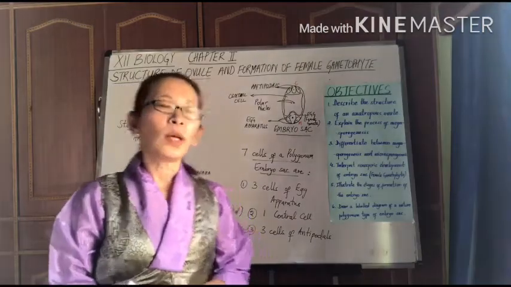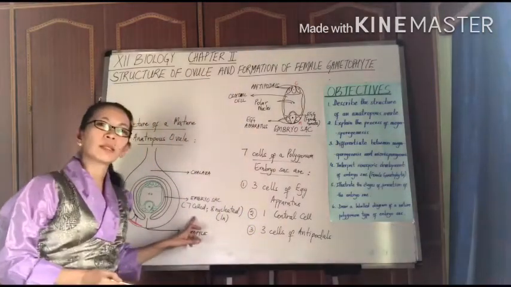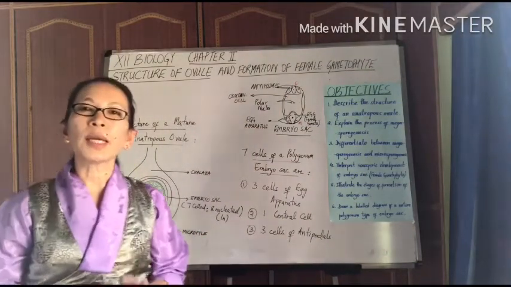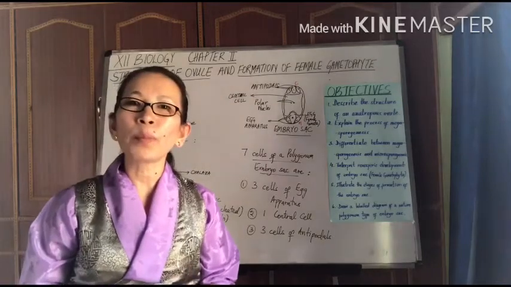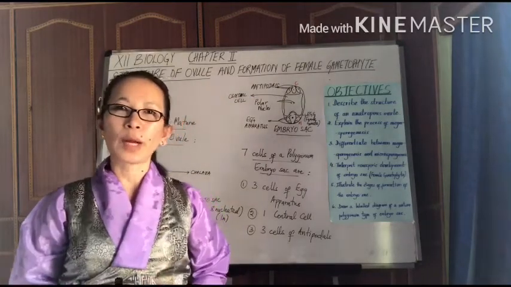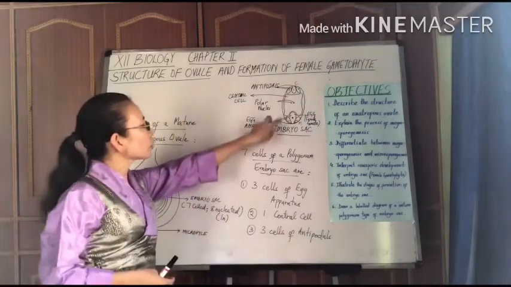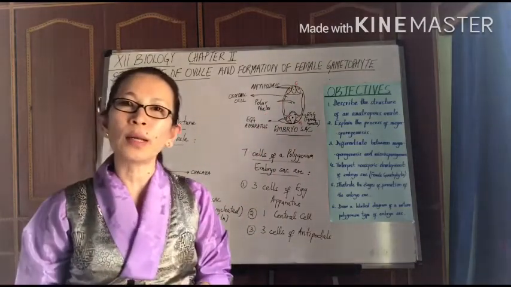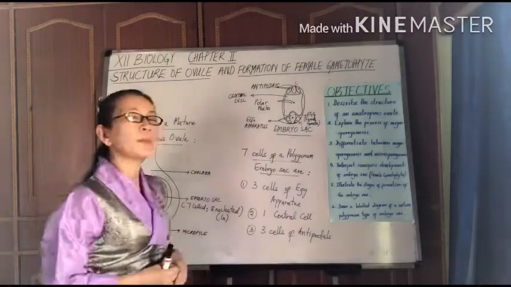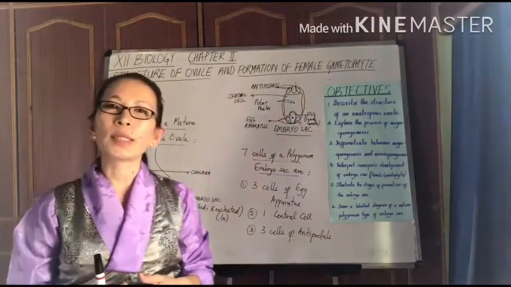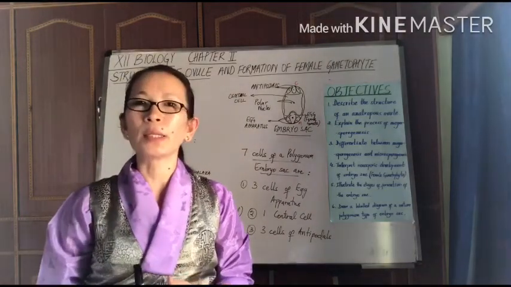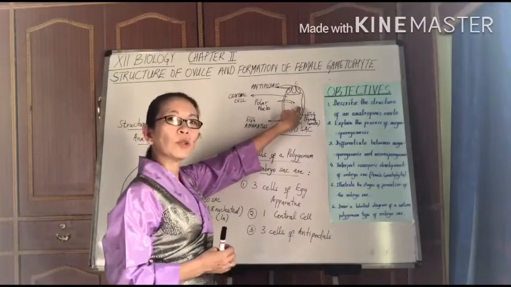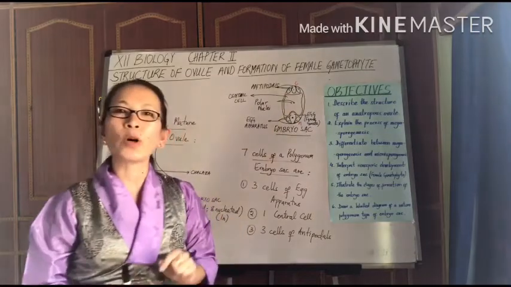So the 7 cells of an embryo sac containing 8 nuclei are all haploid nuclei. Later, as we have the fusion of the 2 nuclei of the central cell, the central cell can become a diploid cell. Otherwise, in terms of each nucleus, it is a haploid nucleus.